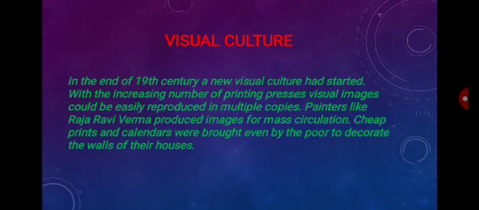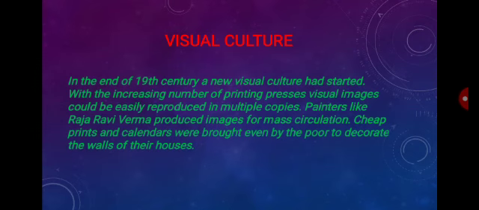Now it was possible that more and more books or visual images could be printed. Now the supply of printed material was increasing, and that is why the price of those printed material was going down.